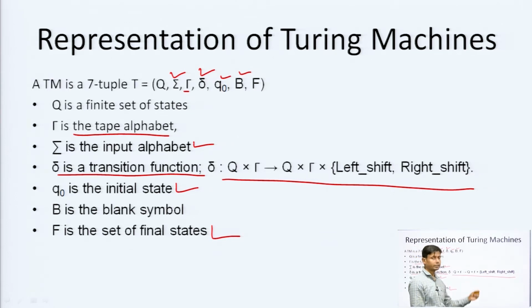On the tape, either you keep the same symbol that was there, or you modify it and write something else there. That is why a tape symbol is there, then you go to the next state, and here is the left shift and this is the right shift. You can have left shift or right shift.